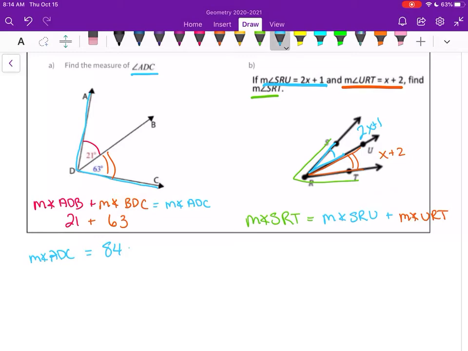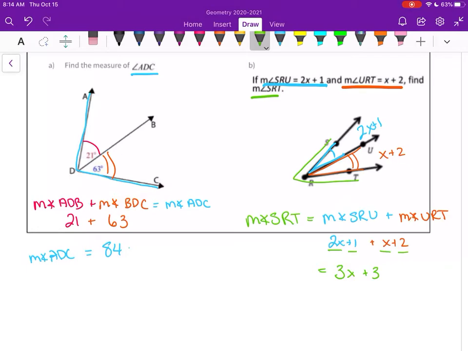And so then I can go through and plug in the expressions they give me. So the expression for angle SRU is going to be 2x plus 1. And the expression for angle URT is x plus 2. So then I can combine my like terms. So I have 2x plus x is 3x, and then 1 plus 2 is 3.